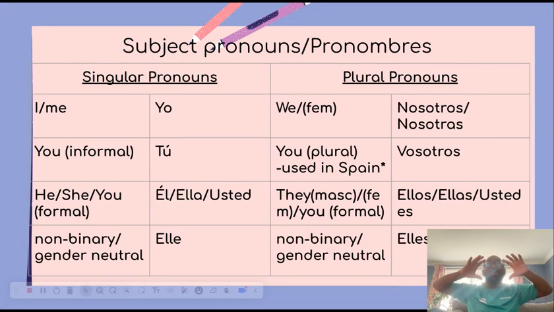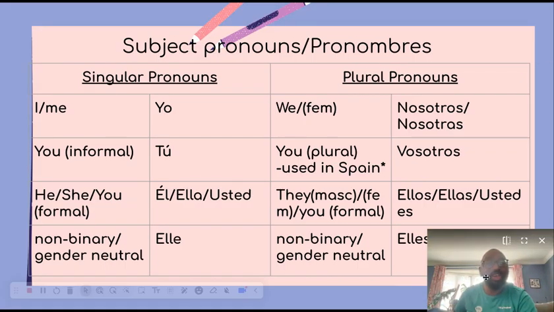This slide right here is the most important slide from today's lesson, so make sure you pause the video and write down all of these in your guided notes. On the left side, you'll notice our singular pronouns. What I mean by singular pronouns is that those are when we talk about one person. So if we're talking about yo, tú, él, ella, usted, or ella, we are talking about one person.